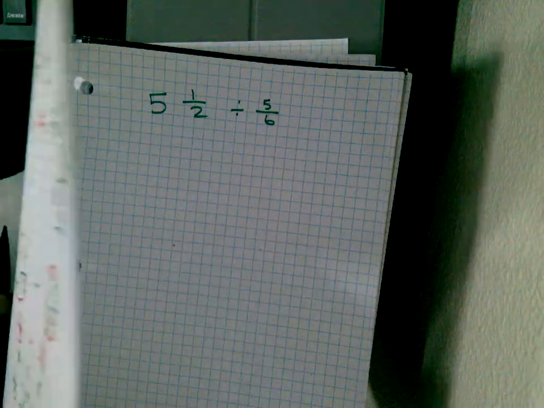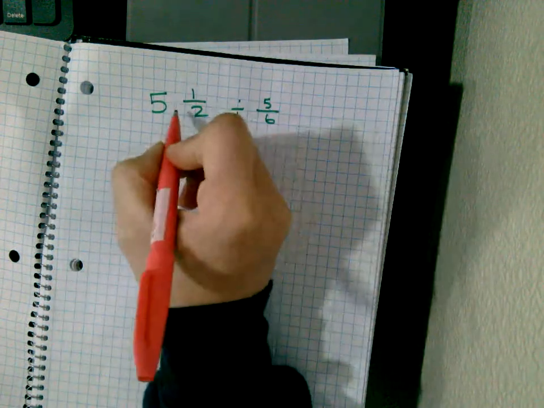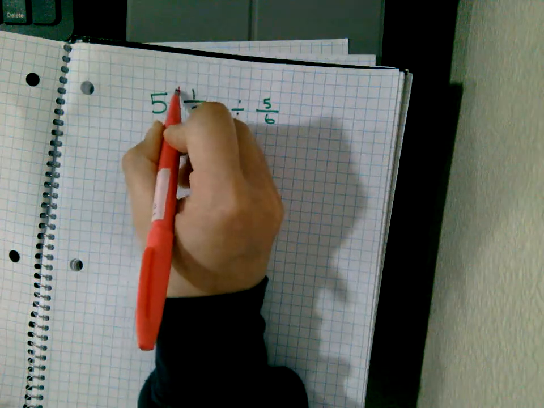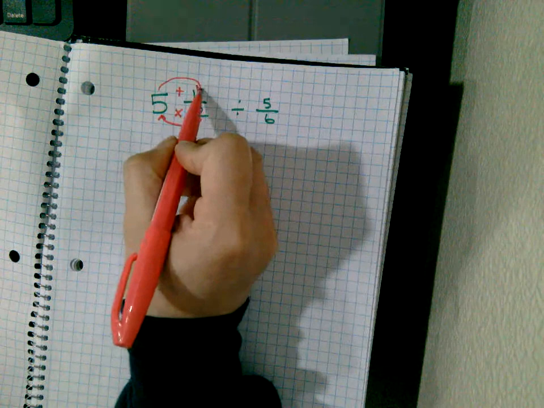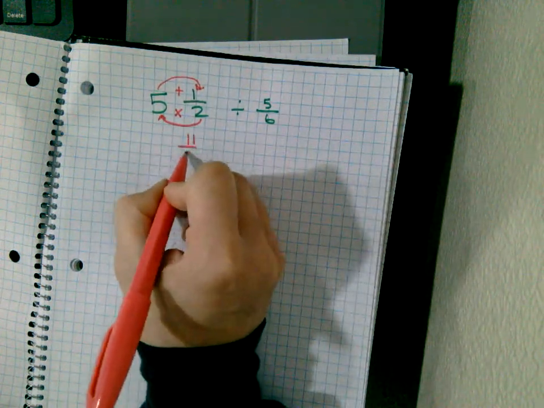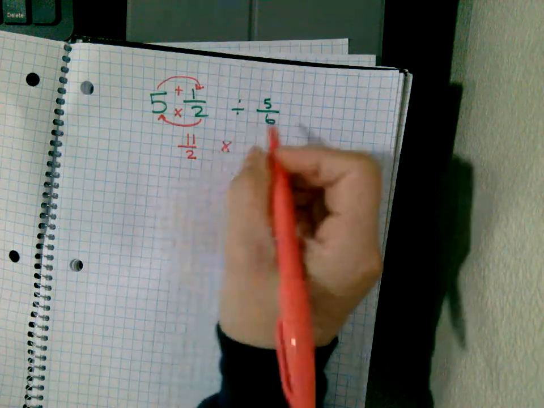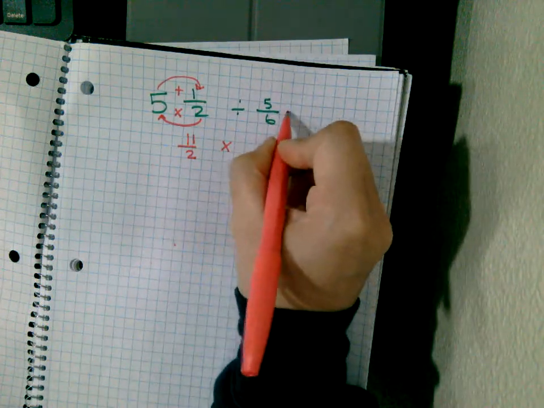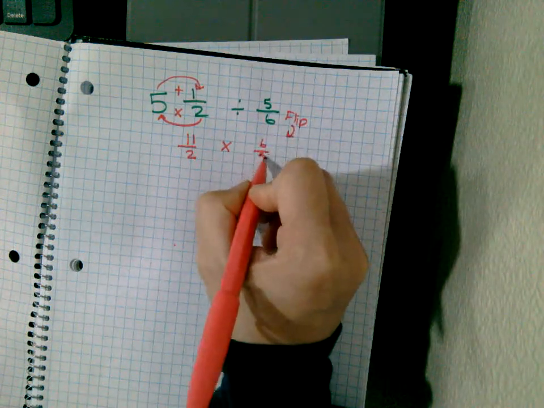First thing I would change is your mixed number into an improper fraction by multiplying and adding, right? First these two, and then add the top number. So 5 times 2 is 10, plus 1 is 11 over 2. We can go ahead and change this division into multiplication, and then we're going to flip. So it'll be 6 over 5.